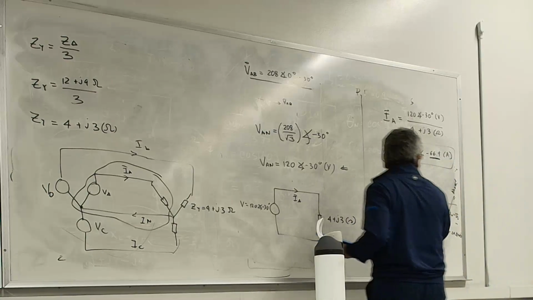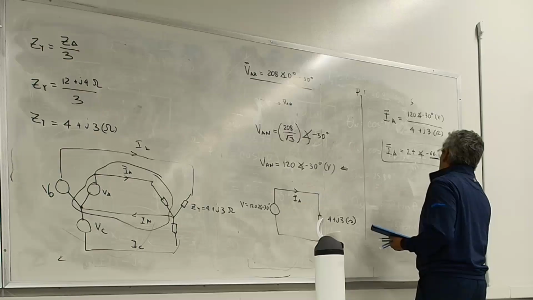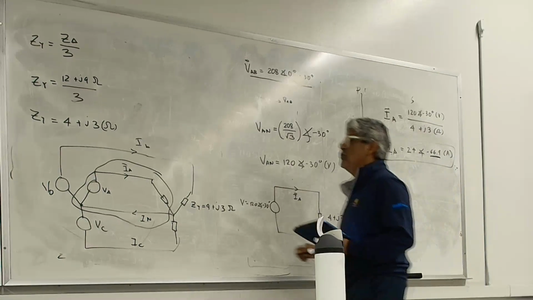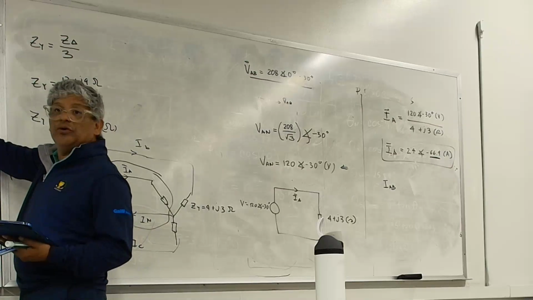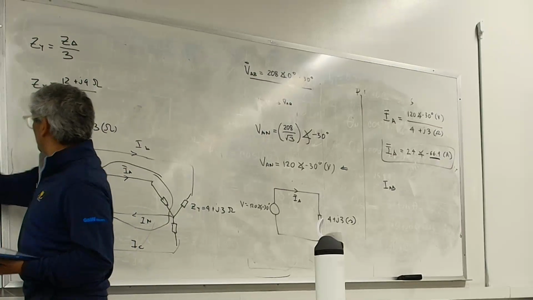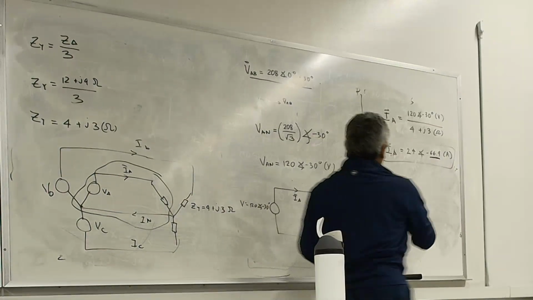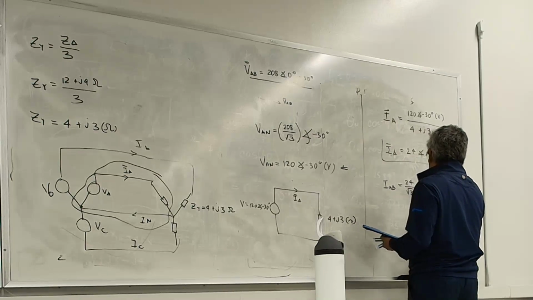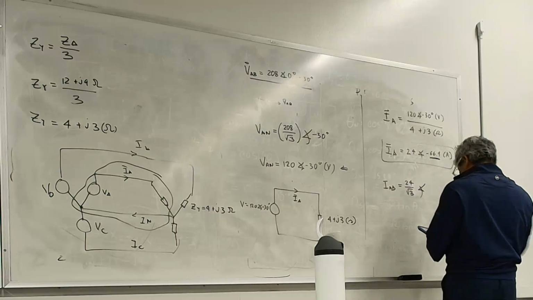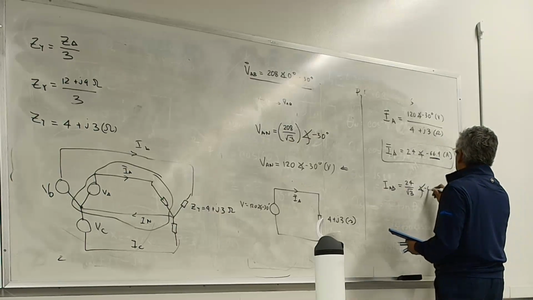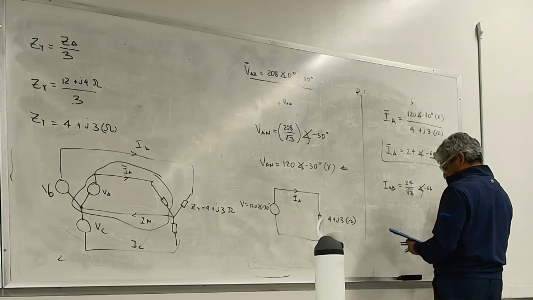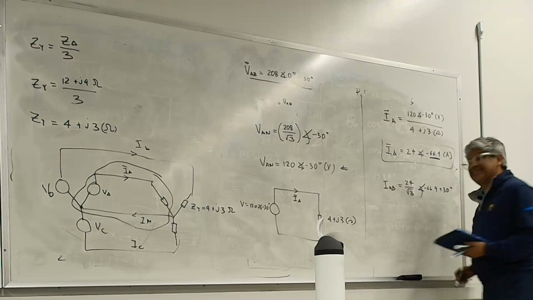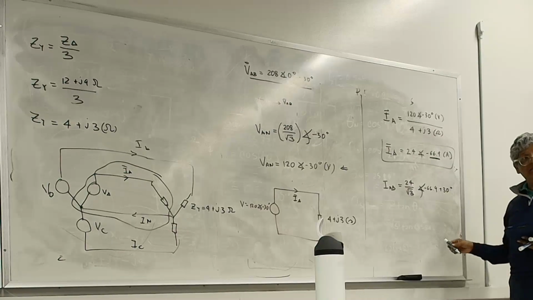So if that is the case, then I can write IAB, the current going through this load, or this load, or this load. That's going to be 24 divided by square root of 3. The angle right here is going to be minus 66.9 plus 30 degrees, because it's ahead, right?